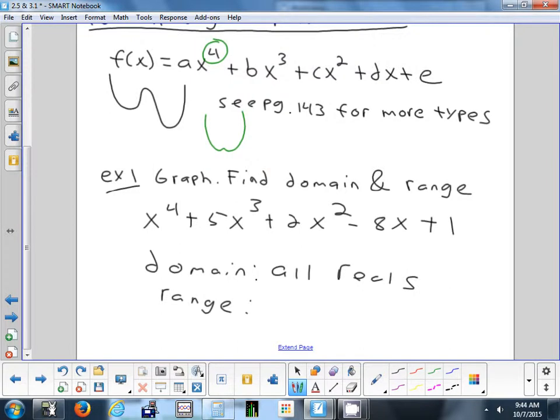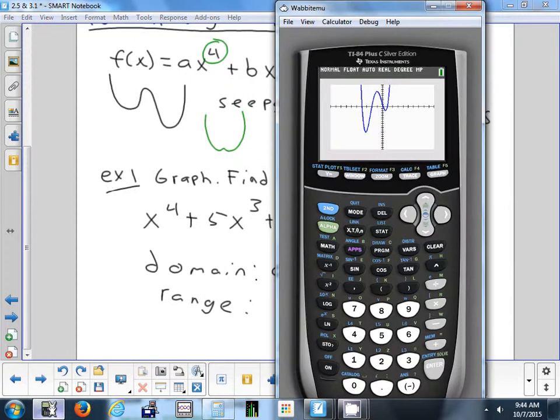And range. Does this graph go down forever and up forever? Yeah, it does go up forever. It doesn't go down forever. In fact, the lowest it ever hits is about right there. So what we can do is find that minimum value. Go second calc 3.